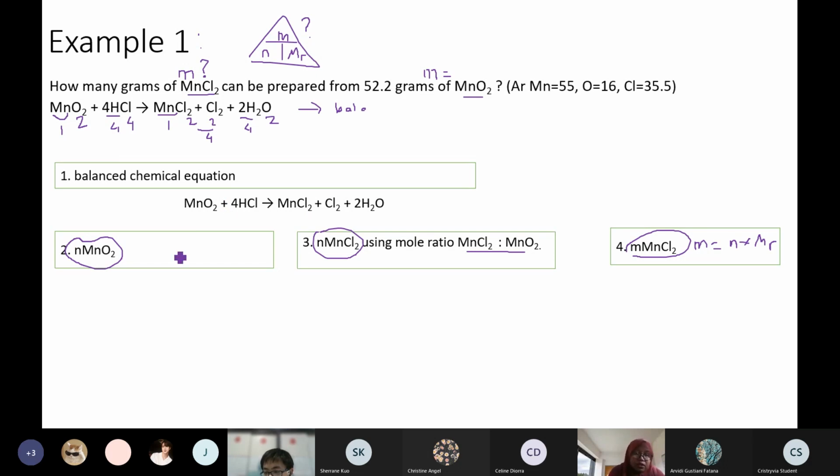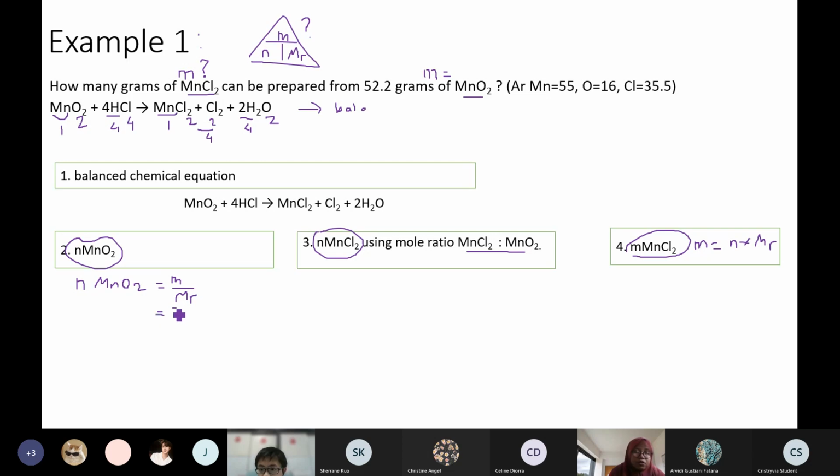So the next step, find the moles of MnO2. How to find the moles of MnO2? We can use this formula because we have the mass: mass over Mr. What is the mass of MnO2?